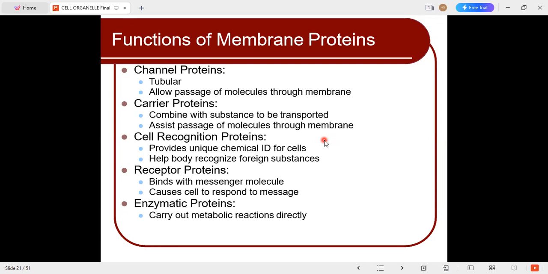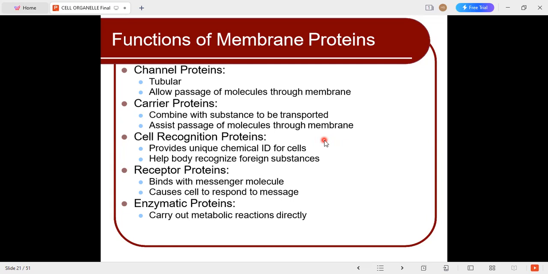These cell recognition proteins help the body to recognize foreign substances. In such a way, they are also involved in immunity. On the other hand, there are certain receptor proteins which bind with messenger molecules and cause cells to respond to the message.